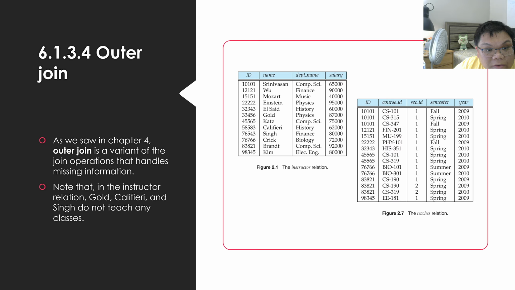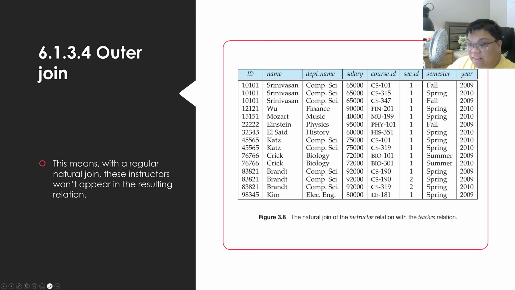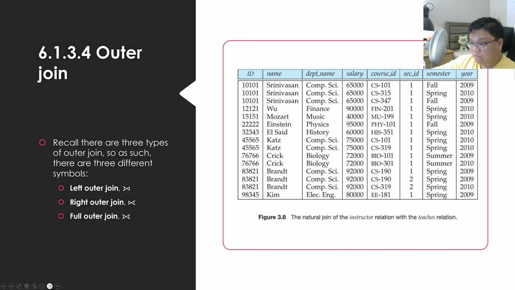Instructor Califieri, ID 58583, appears in the instructor relation but not the teachers relation. And instructor Singh, 76543, also appears in the instructor relation but not the teachers relation. That means if we did the natural join of these two relations, we will not get those three instructors.